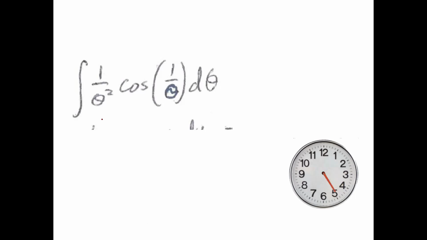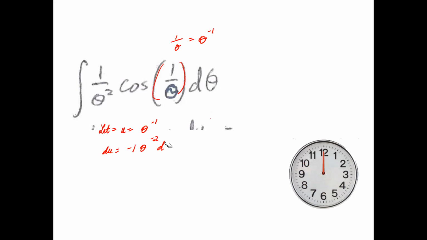All right, so let's take a look at this. We're going to let u be whatever is inside the parenthesis. This is a 1 over theta. Another way of writing that is theta to the negative 1 power. So I'm going to say u equals theta to the negative 1 power. Then du is, you're going to do the power rule, bring down the negative 1, theta to the negative 2 d theta.